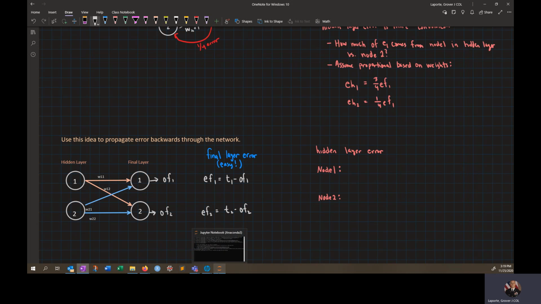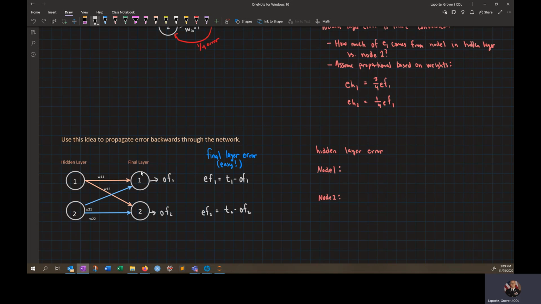Next I want to calculate how much error is in this node based on the error in these two, because this node is contributing to not only this one but also that one. So we want to sum up those errors.